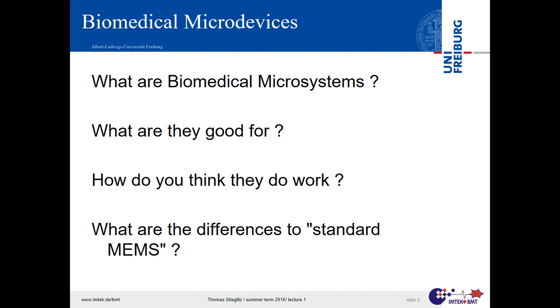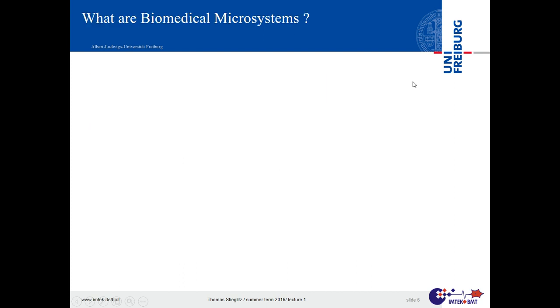Which component does it have? But we could also share our experience probably from previous courses, from your former lives before you came to Freiburg. And this is what I like to do now with you and to sum it up.